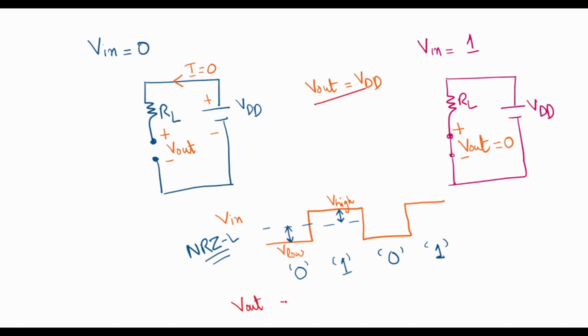So I can plot a high voltage level VDD here, and whenever the input is high, the output voltage is 0. So I get a 0 here, VDD here, and 0 here.